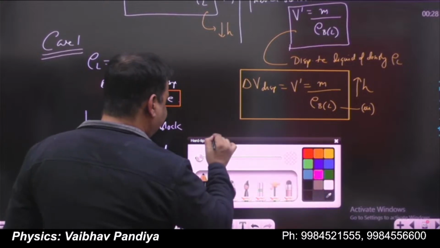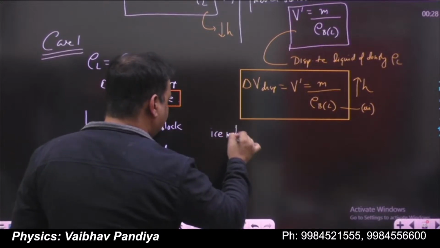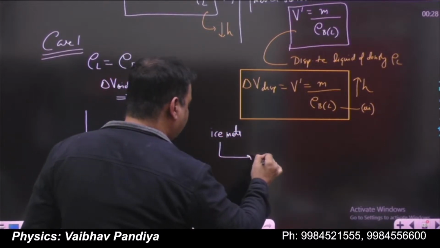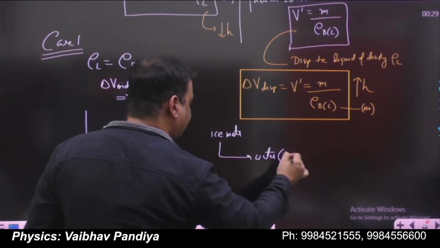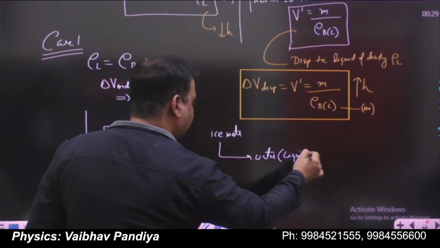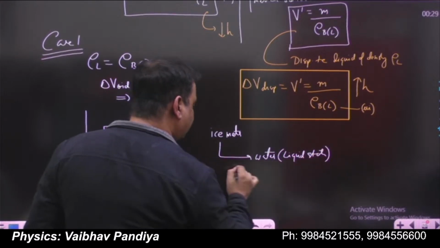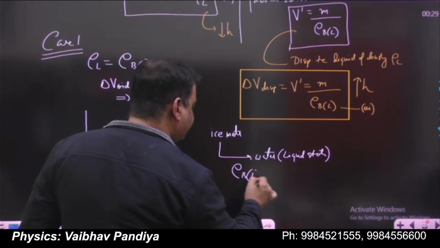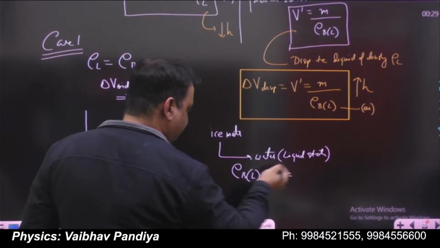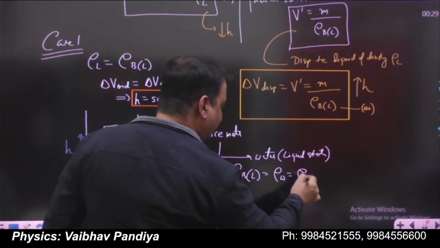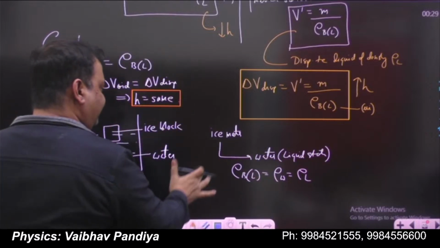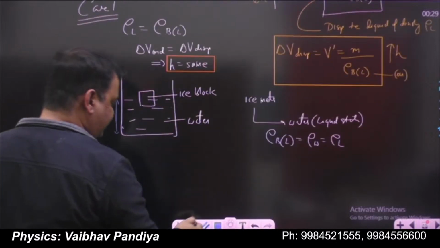So when the ice melts, it will form water. This is the liquid state of ice. So here the density of the body in the liquid state is the same as the density of water, that is the density of liquid in the container. Okay, so there will be no change in the height.